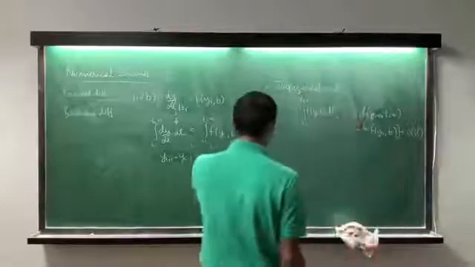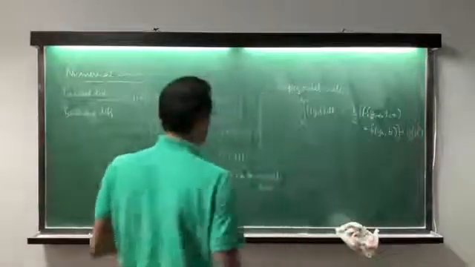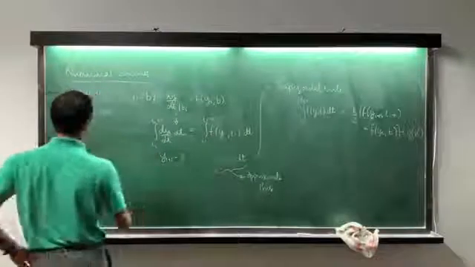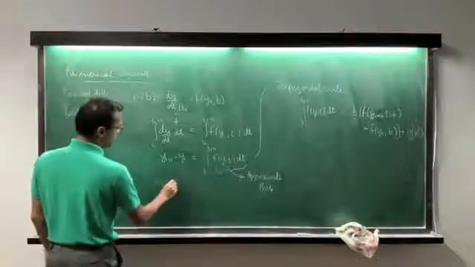Now notice also that this remainder term is order of h cube. So if you put it back in here, you will get yi plus 1 minus yi.